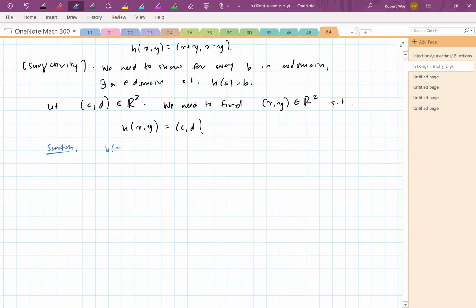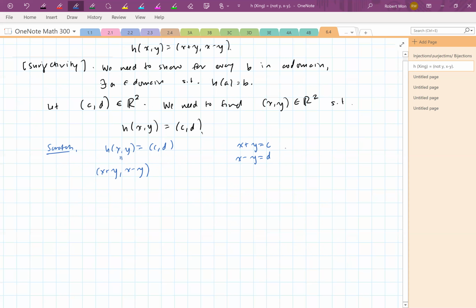If I want h(x, y) to equal (c, d), well, h(x, y) is (x plus y, x minus y). So I need x plus y to equal c, and I need x minus y to equal d. How can I do that?